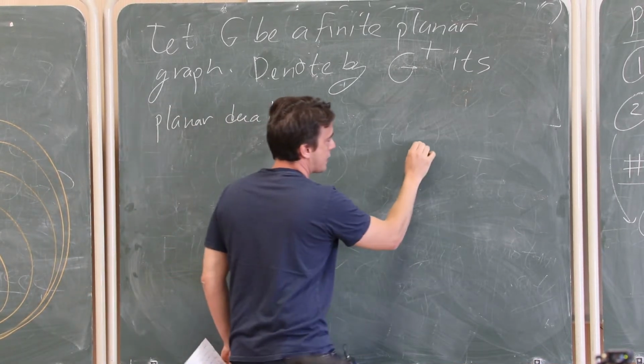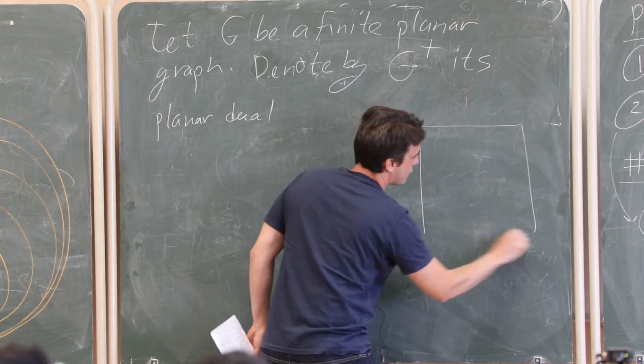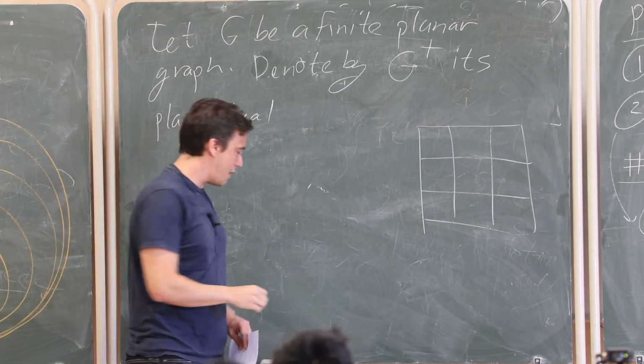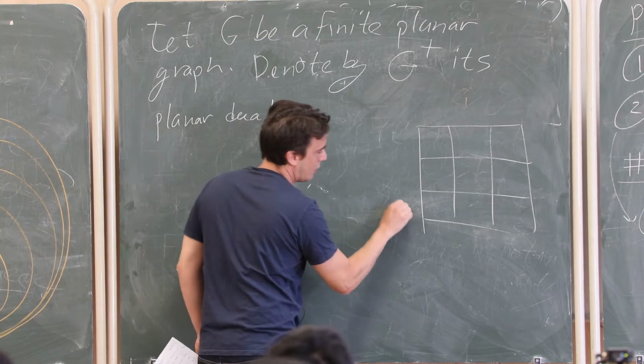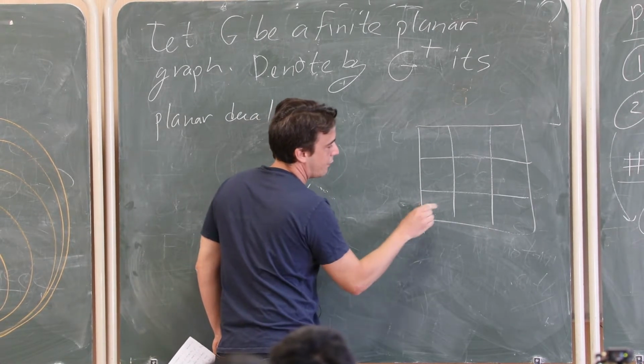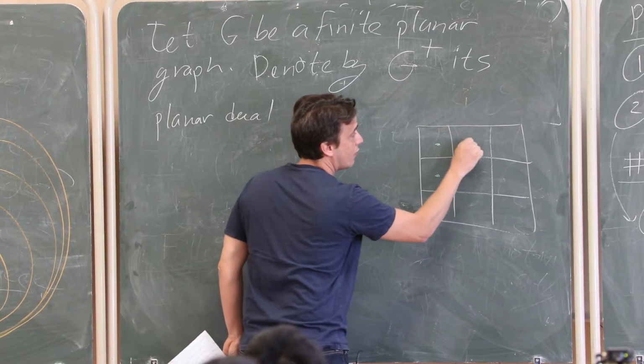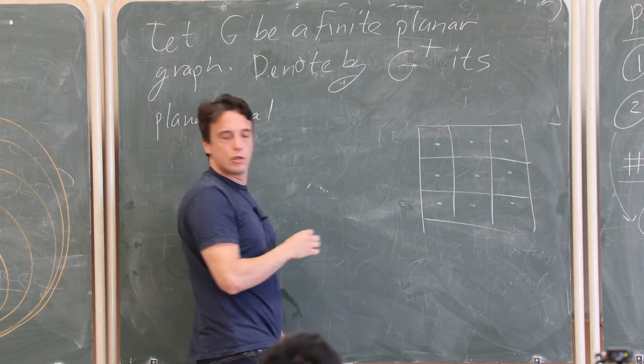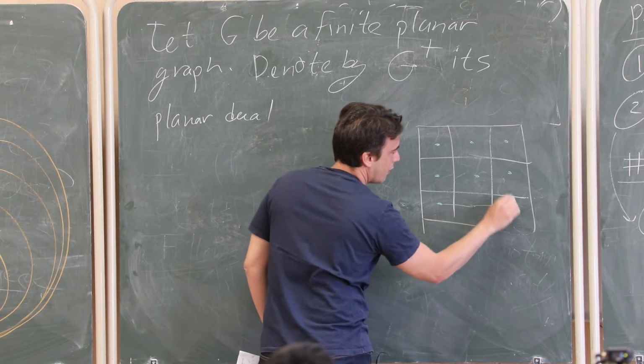So if my graph is, let's just take the example that is easy to draw, this is my graph. The planar dual is going to be, I'm putting a vertex in each face, including the outer face, and putting an edge whenever two faces are next to each other.